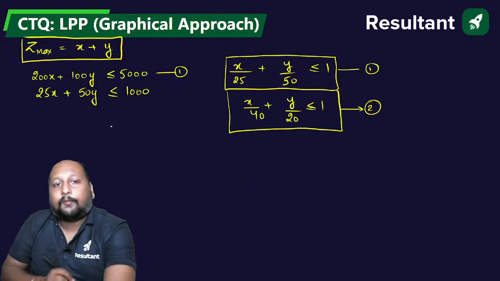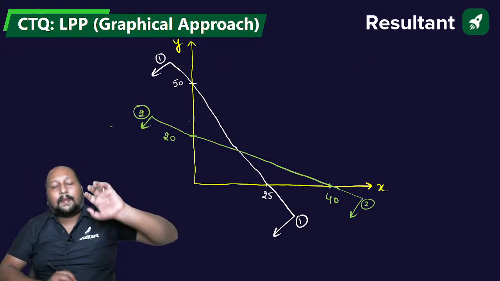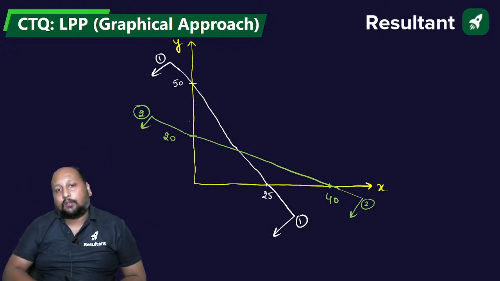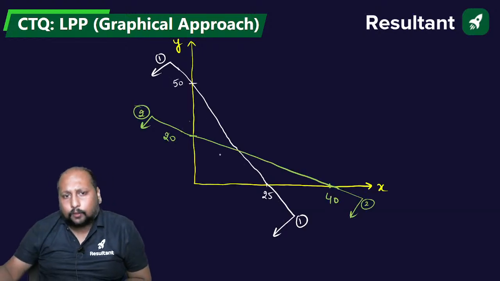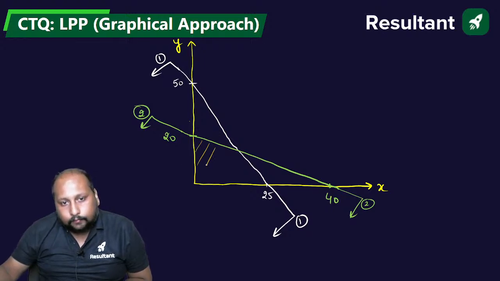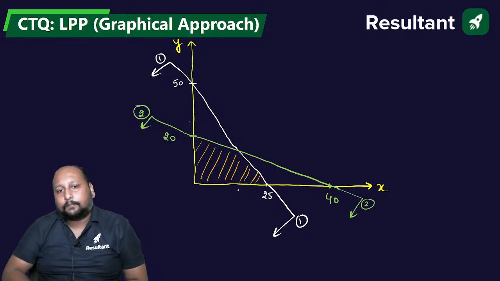Now we have to see the region satisfied by both conditions. If I look at the arrows, both are pointing downward, so the feasible region will be somewhere around here. The shaded portion is the feasible region.